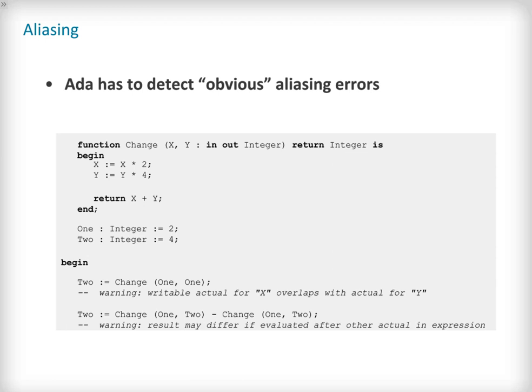Within the function, X and Y will refer to the value of V1. And when exiting the function, the values of X and Y will be written to V1. But which one is that going to be? Am I going to retrieve the value of X first or Y first?